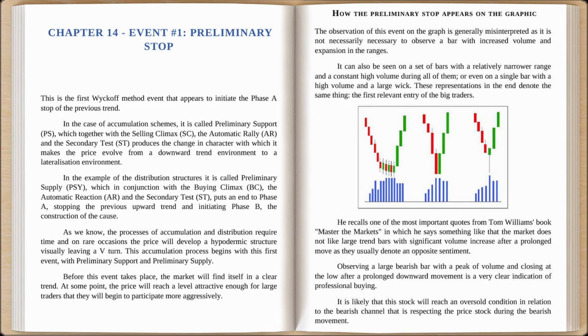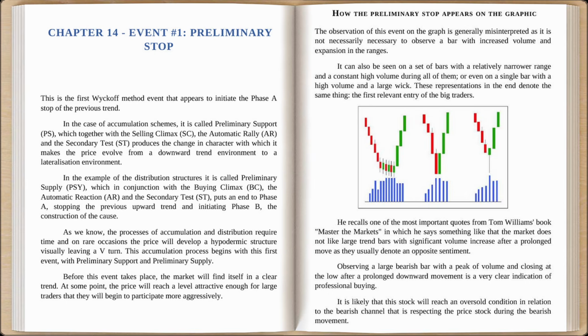Chapter 14. Event number 1. Preliminary stop. This is the first Wyckoff Method event that appears to initiate the phase A stop of the previous trend. In the case of accumulation schemes, it is called preliminary support, PS, which together with the selling climax SC, the automatic rally AR, and the secondary test ST produces the change in character with which it makes the price evolve from a downward trend environment to a lateralization environment.